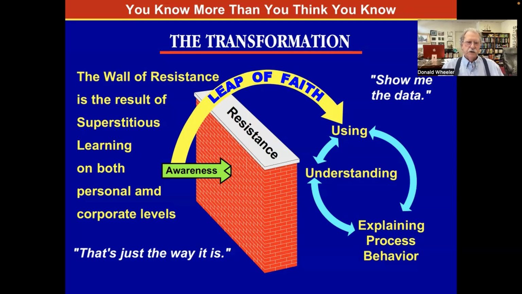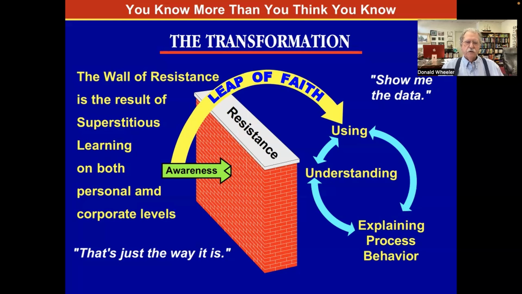But superstitious learning is how we know what isn't so. And you are going to run into a wall of resistance made up of superstitious learning, both on a personal and a corporate level. The only way over this wall is to take a leap of faith.